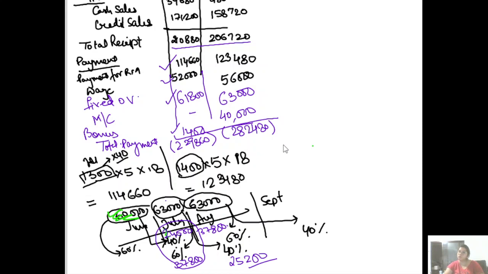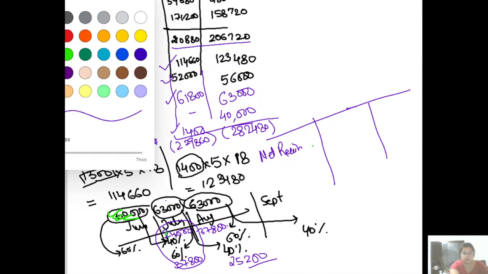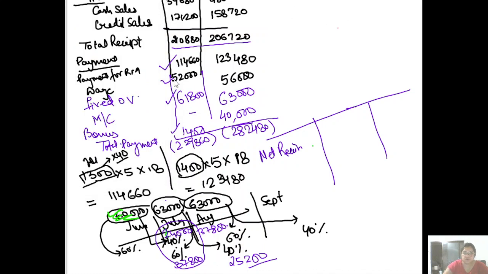Now what are you going to do after that? I told you, after that you have to find out your net receivable, how much you have to receive. I have to change the color of the pen so that you can easily identify what to do.